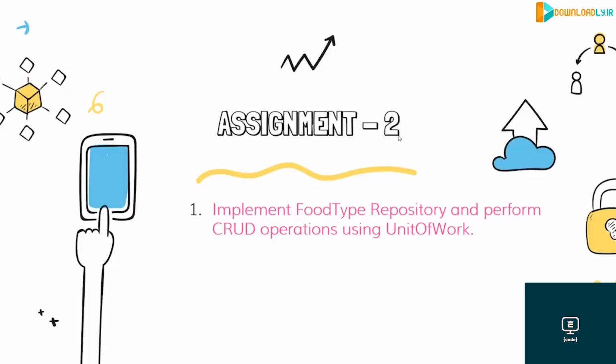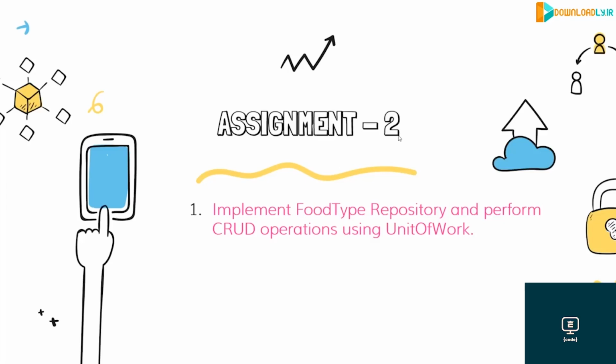Now that we have seen category using unit of work, it's time for an assignment. What I want you guys to do is implement the food type repository. You will first have to create the interface for food type repository and then implement that inside the food type repository class.